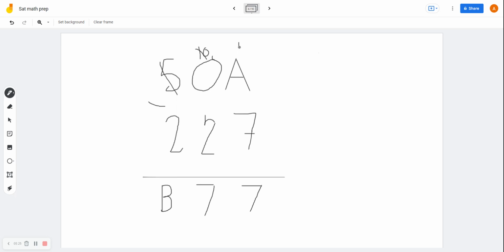So we need to make this 1-something, it could be like a 13 or 14, a number, like 14. 14 minus 7 equals 7. So the answer is 14, so we know A equals 4, but that's not what we're looking for. We're looking for what B equals. So we know that this is going to be 9, that's 7, this is 4. Then 4 minus 2 equals 2. So B is equal to 2.